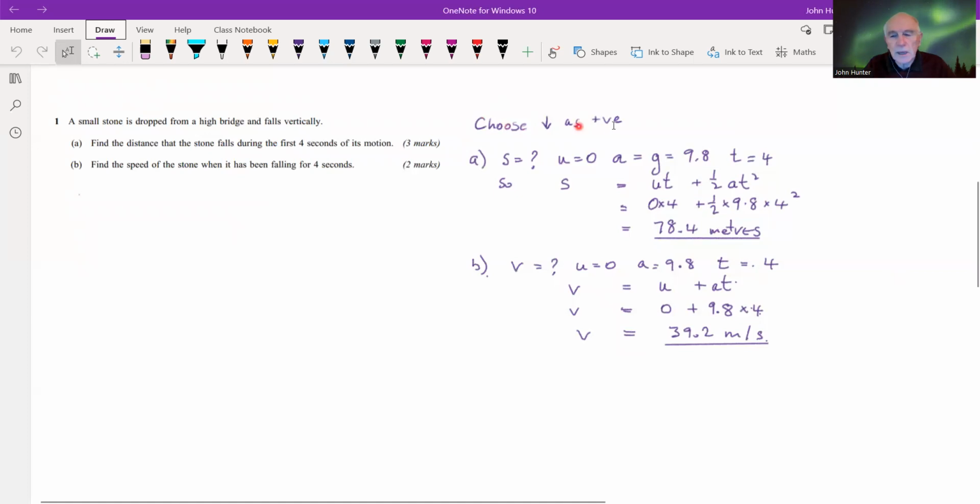Right, the first thing to say here is that we have to be clear about what the positive direction is, because the signs are important, as I've said before. Here, basically all the motion is downwards, so it's quite reasonable just to take downwards as positive.